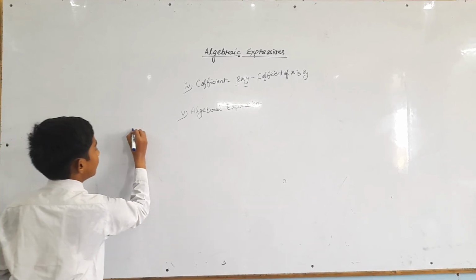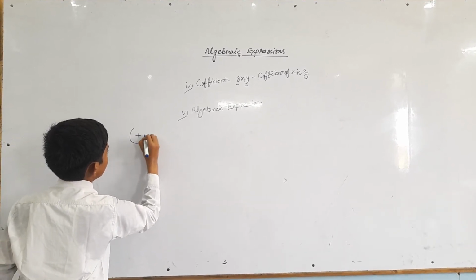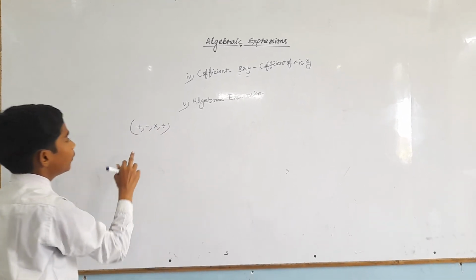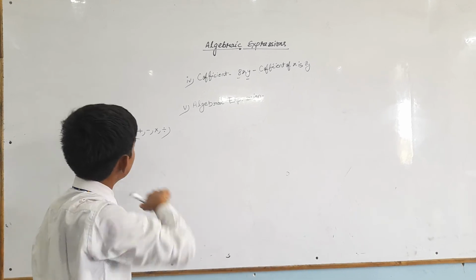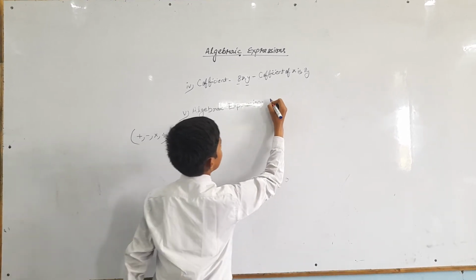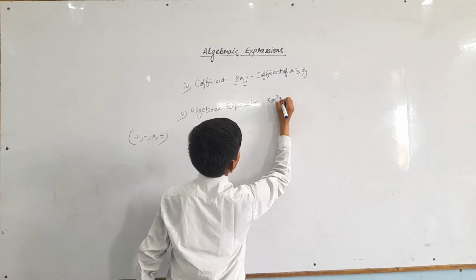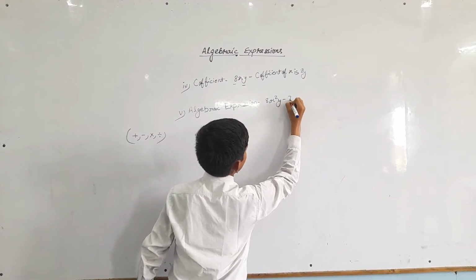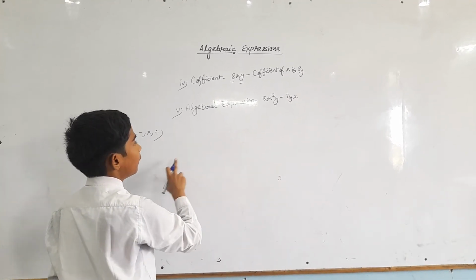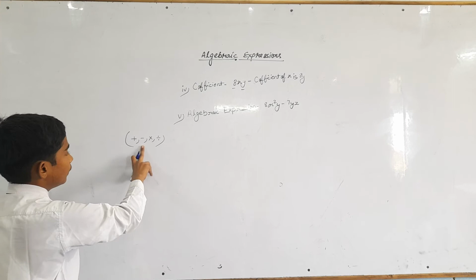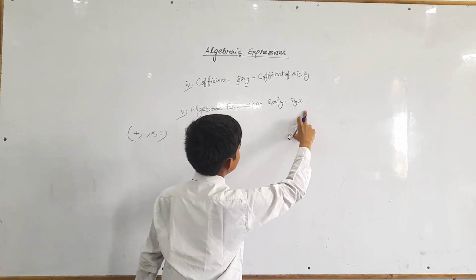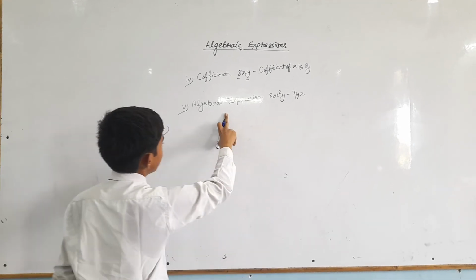These four basic fundamental signs are plus, minus, multiply and divide. These four fundamental signs separate the terms. The example of an algebraic expression is 8x square y minus 7yz. Here we see that the fundamental sign minus separates this term and this term. So it is an example of an algebraic expression.